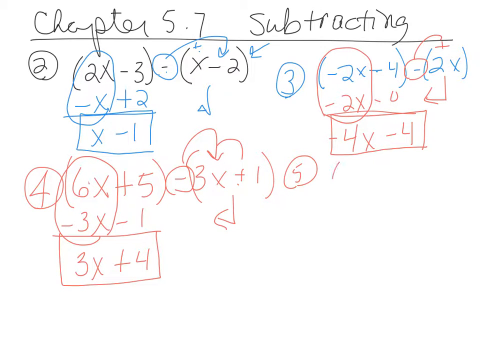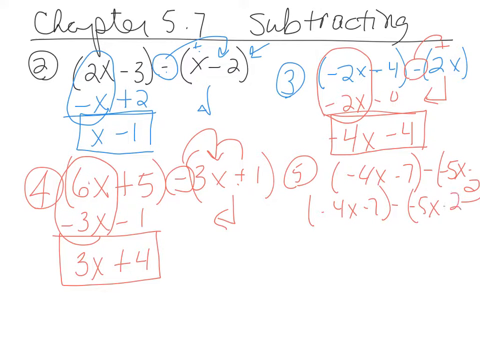And it says group of negative 4x minus 7 minus negative 5x minus 2. Oops, sorry. And I'm going to rewrite that. So it's negative 4x minus 7 minus 5x minus 2. Okay, and I hope you can see that a little bit better.